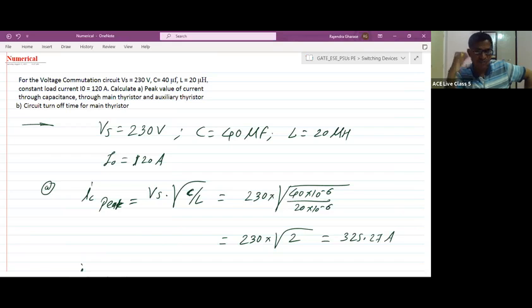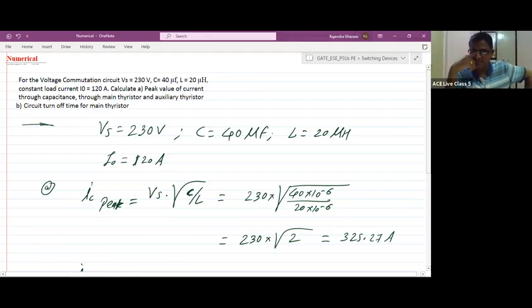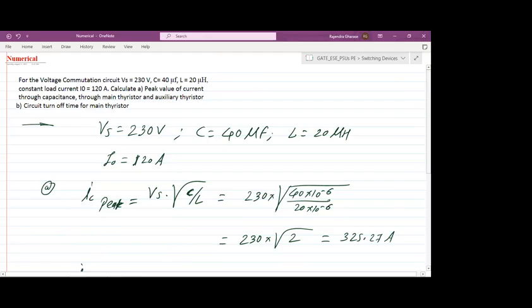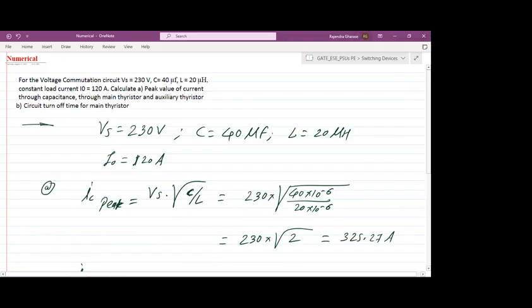If in this numerical they had given the constant load current as 350 amperes, at that time the capacitor peak current is 325.27. No. Capacitor peak current is Vs under root C by L only. In mode 3 operation, the capacitor current flowing is I0, sir.